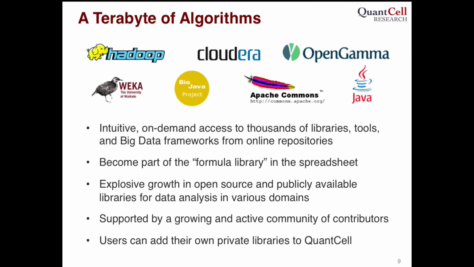We're also talking about the OpenGamma platform for financial and risk analysis. This also includes Weka for machine learning, BioJava for life sciences, the Chemistry Development Kit, the Apache Commons Math Library, Amazon Web Services API, Bloomberg's Open Market Data API, and many, many more.